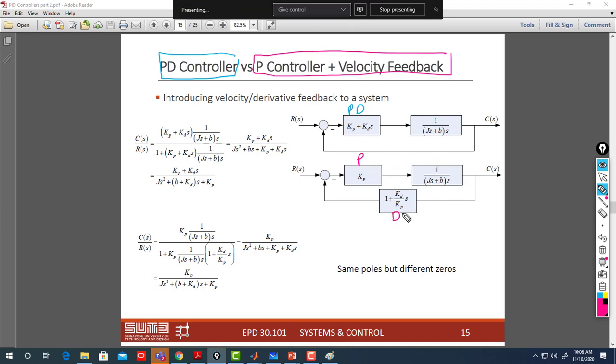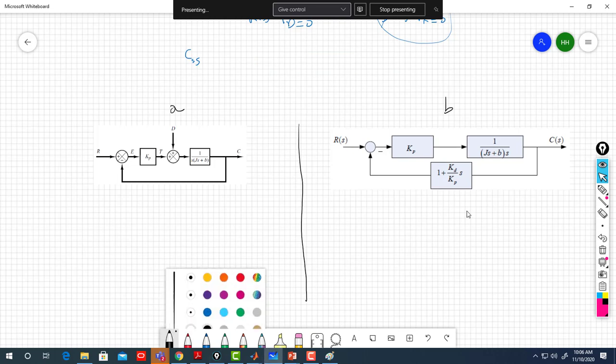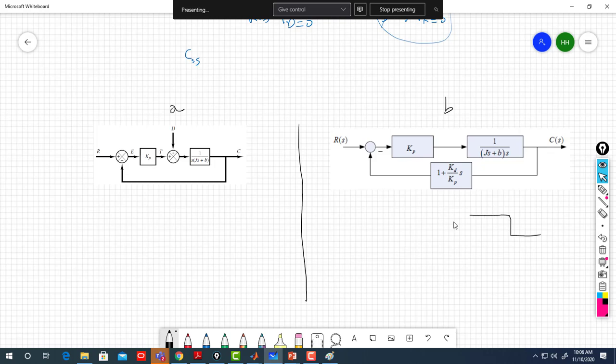So here, what do you have here? Actually, in this system you can replace this by, it's exactly the same as saying KD over KP S, and both go and you add them here.